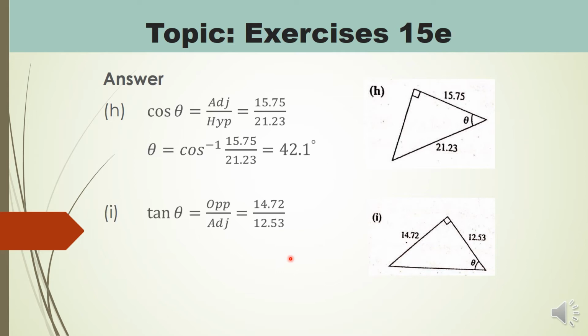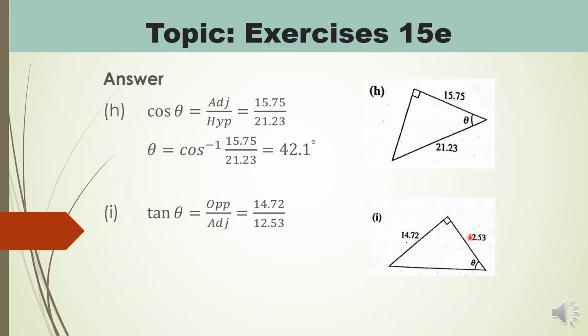Same for exercise I. Before you decide to use tan, look at the figure and at the angle theta first. You will find that this side is adjacent to angle theta, and this side is the opposite of angle theta. So you know the adjacent and the opposite side.